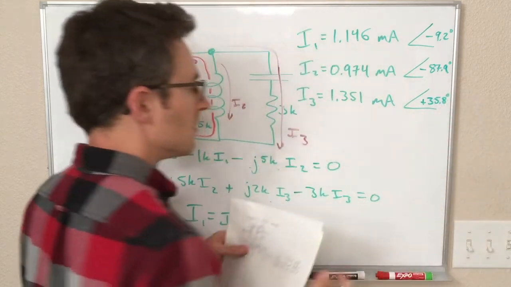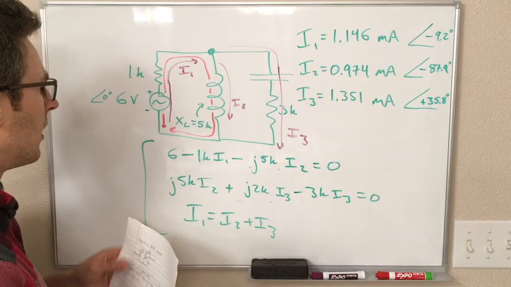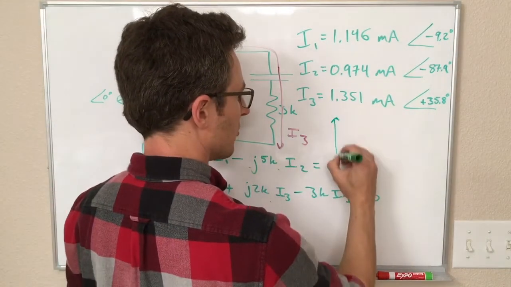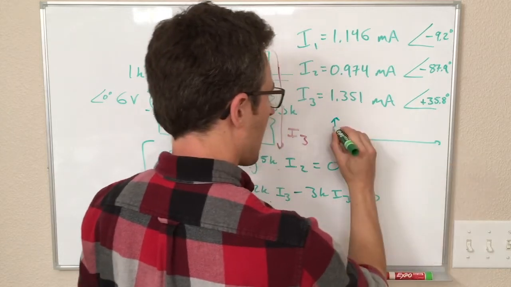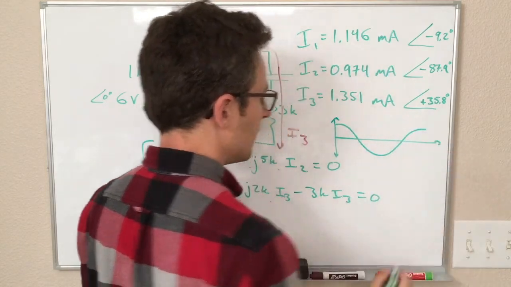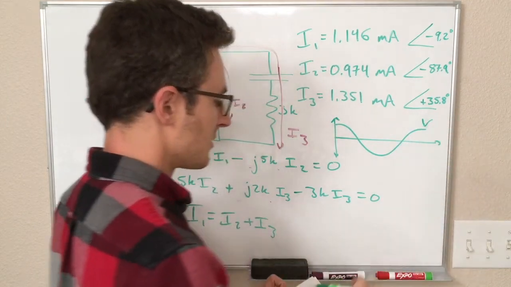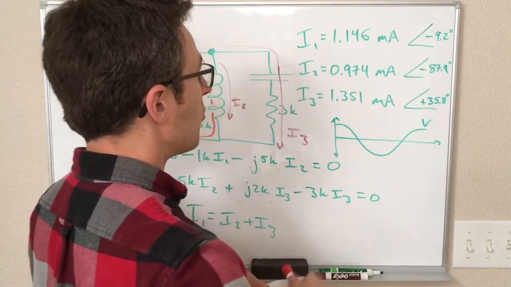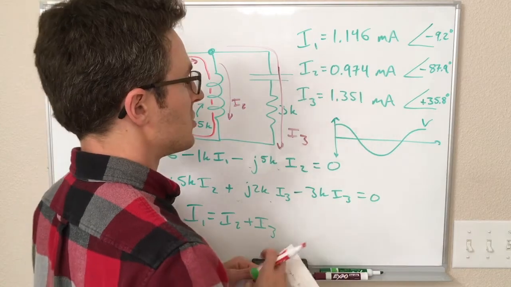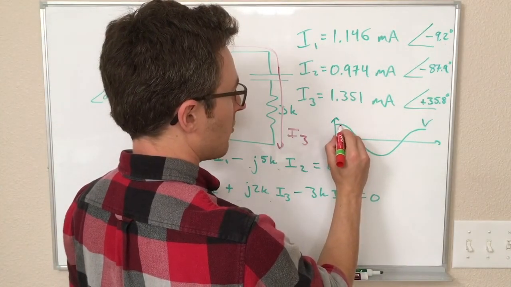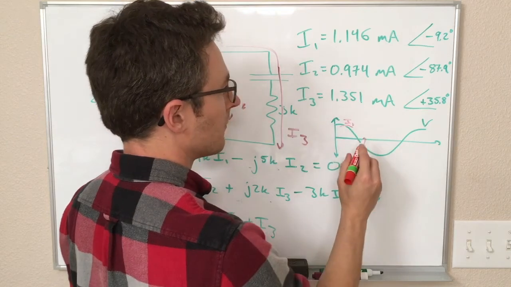So in terms of our voltage oscillation, if we're looking at a graph of, if this is our voltage source oscillating, I1 is reaching its peak 9 degrees after. So I1 is reaching its peak right there.